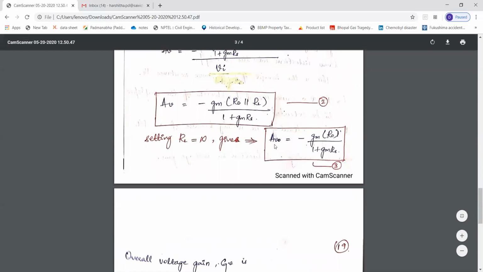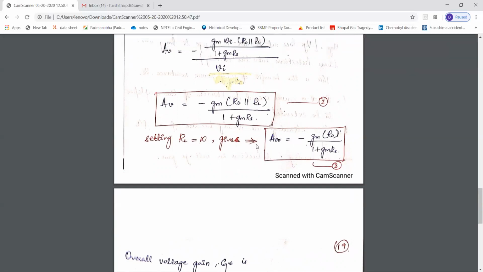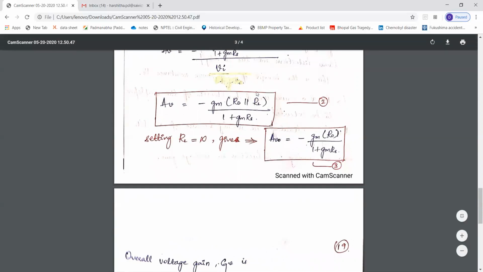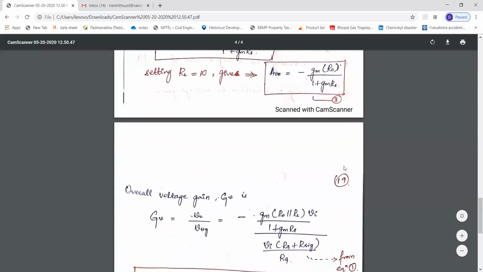So now we remove this RL, and AV naught is equal to minus Gm into RD by 1 plus Gm into Rs. I'll tell you how easily you can write AV naught from AV: you should just remove the RL that is there in the equation of voltage gain in order to get the open circuit voltage gain. It is as simple as that.